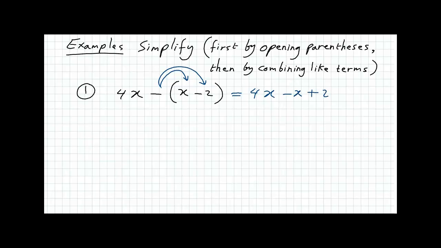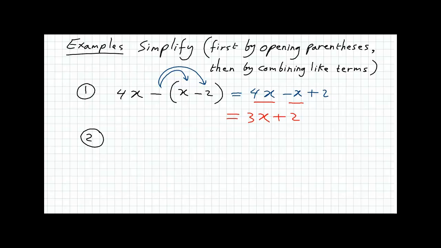Now, at this stage, we can see that we have 2 like terms in our result. These are like terms. We can combine them together. So, 4x minus 1x will be 3x. But 2 is a different term, so bring it down without any change. And this is the final answer here.